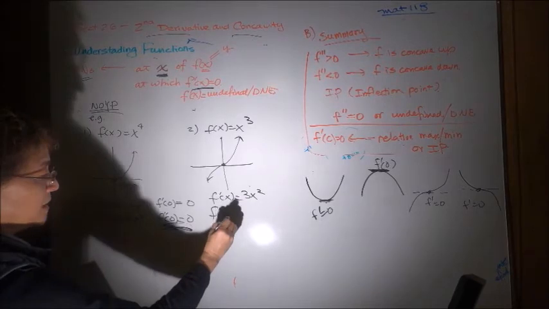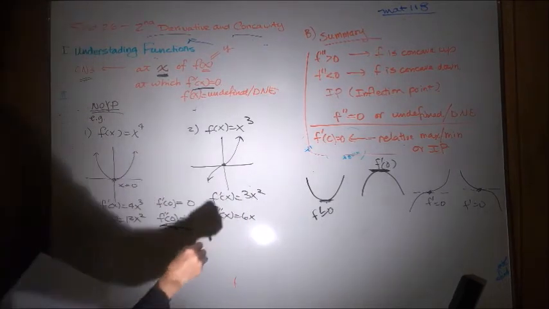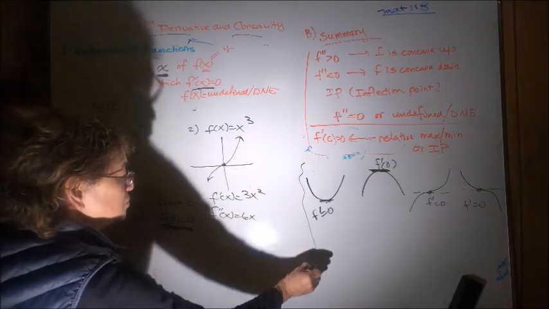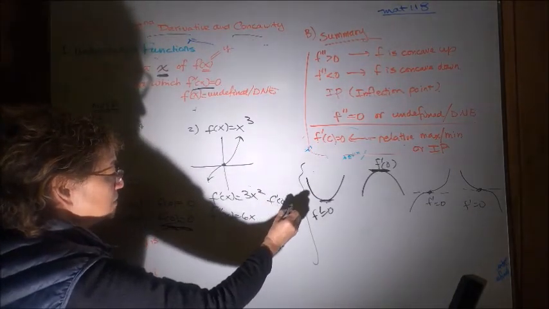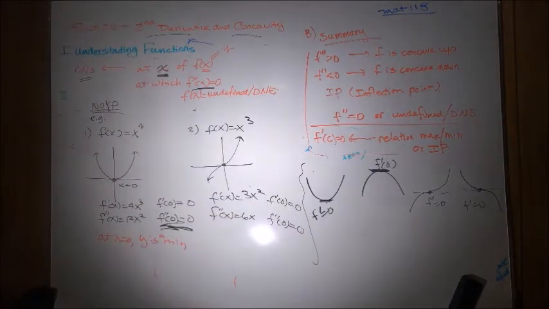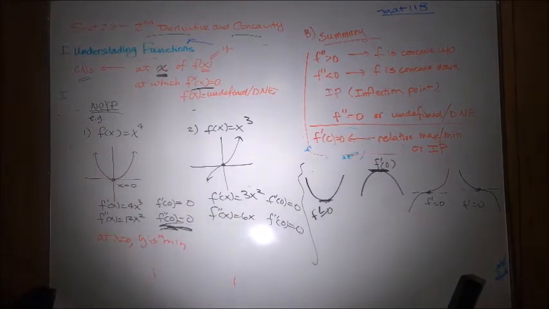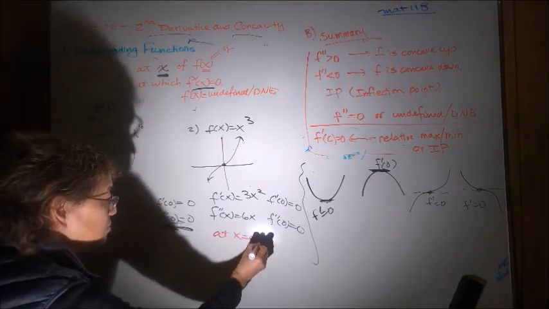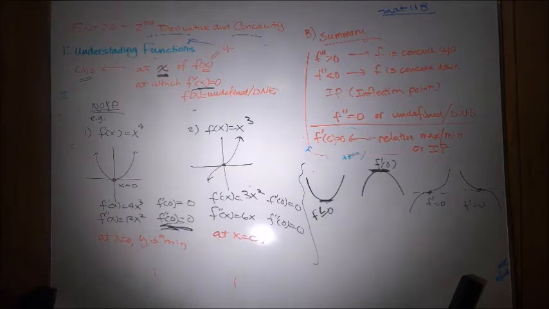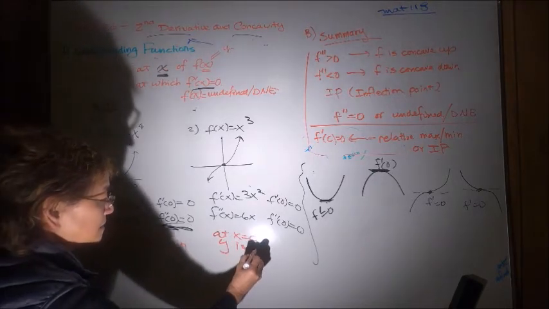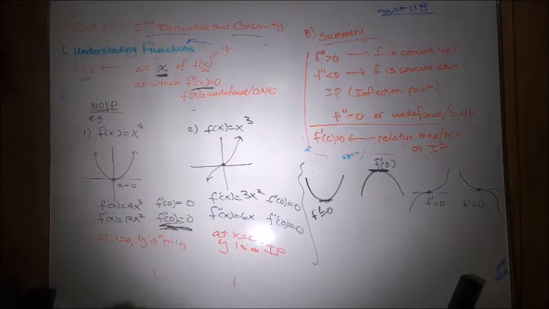Then f prime prime x would be what? 6x, drop one level, right? Then when we do f prime 0, that would be 0. F prime prime 0 is what? 0. But at this time, at x is 0, what happened? Y is an inflection point.